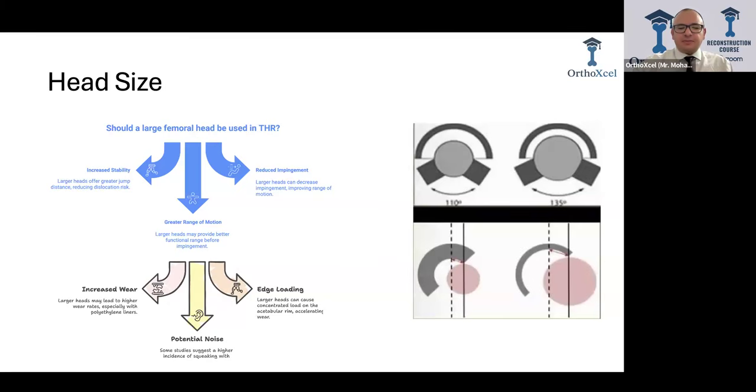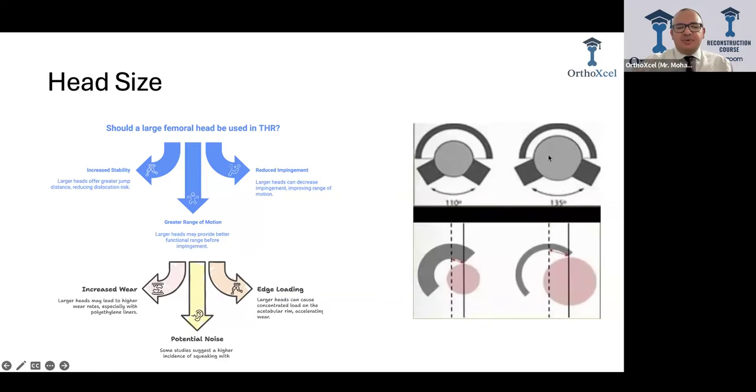So you need to think about everything as pros and cons. There is no absolute positive, no absolute negative. A large head has its own benefits, but its own risks at the same time. The pros are increased stability because there is a big jump distance. For the neck to start to impinge on one of the edges and dislocate from one side to the other, this distance is big in the large head because the diameter is bigger.